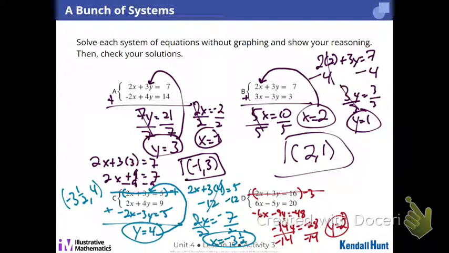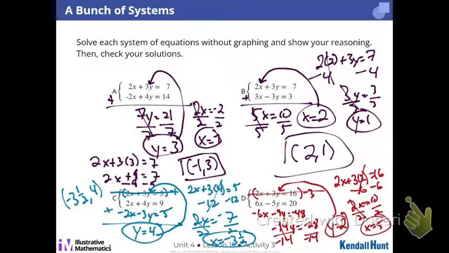Once I know that y is 2, I can put that into any of these lines, because where they cross, x is x and y is y, the same spot, right? So I'm going to put it right there in this case. 2x plus 3y equals 16. Take away that 6 from both sides. 2x is 10, which means x has to be 5. The place these two lines cross is 5, 2.